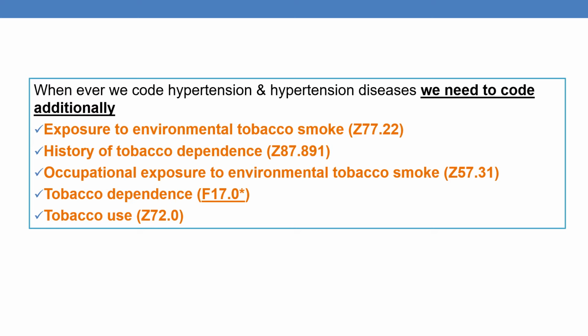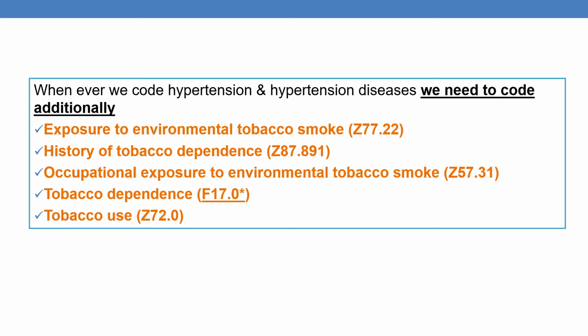If the patient is suffering from exposure to environmental tobacco smoke, which is given by the code Z77.22, or history of tobacco dependence, which is given by Z87.891, or occupational exposure to environmental tobacco smoke, which is given by the code Z57.31.